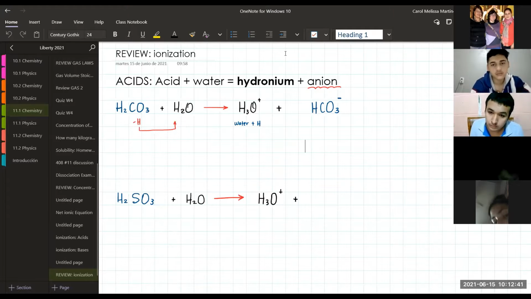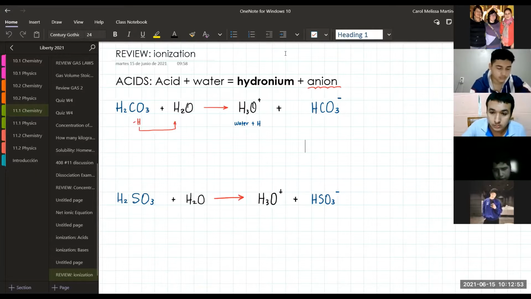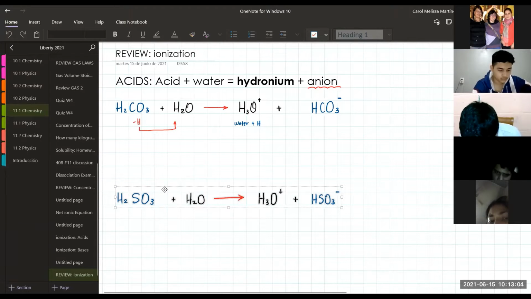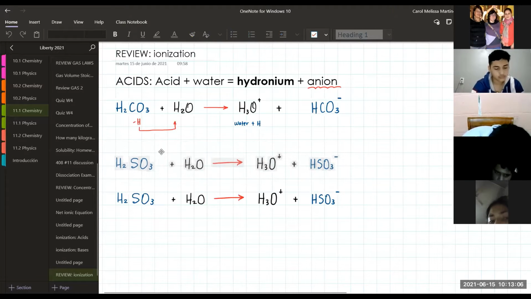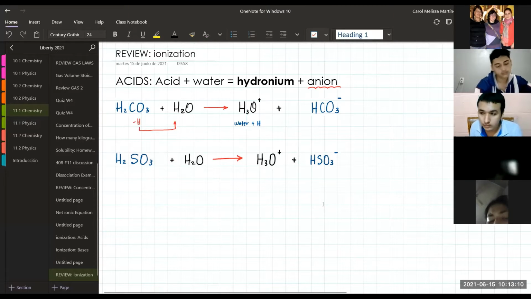HSO3. And the charge is negative. That is correct. So as you can see, these kinds of exercises are quite easy because all you do is organize like a chemical equation.